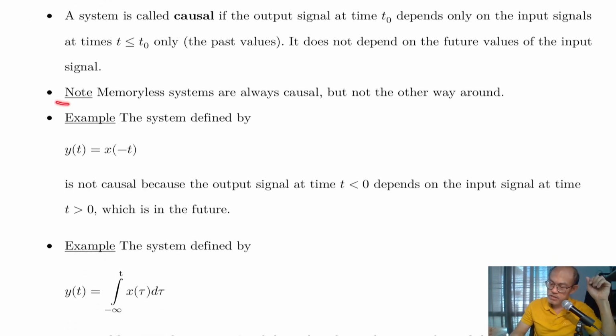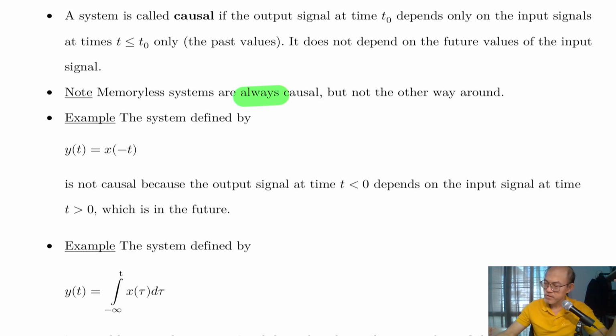So the note is that memoryless systems are always causal. Because the value of the output of a memoryless system depends on the present value of the input, and doesn't depend on the future value of the input. So memoryless systems are always causal, but not the other way around.